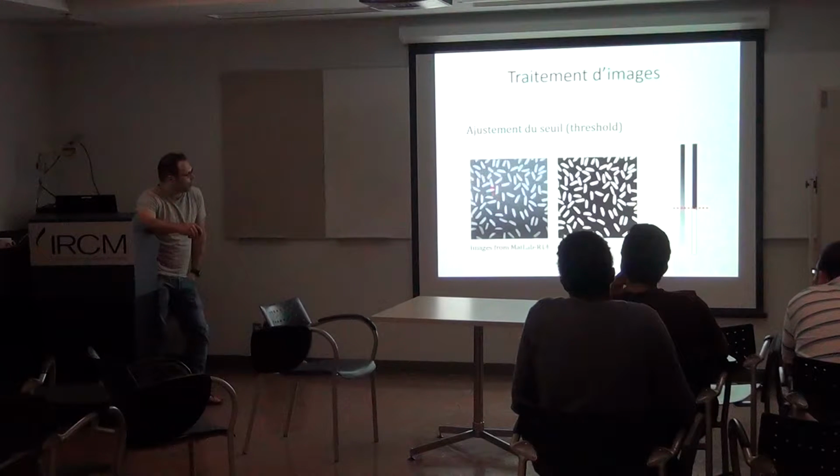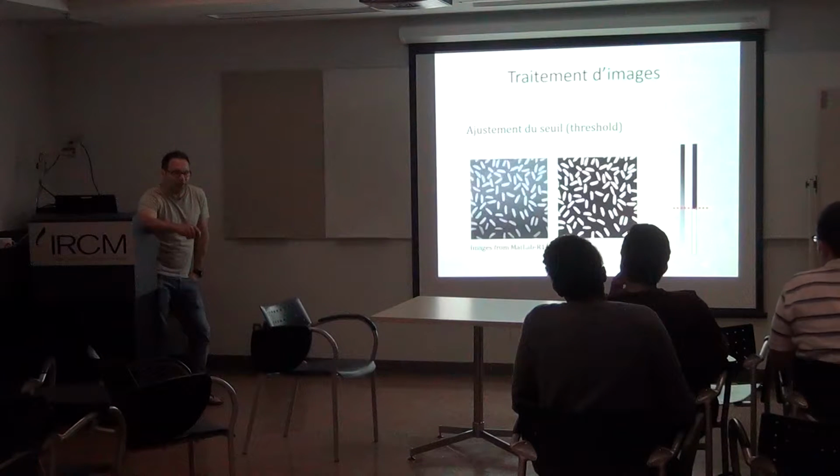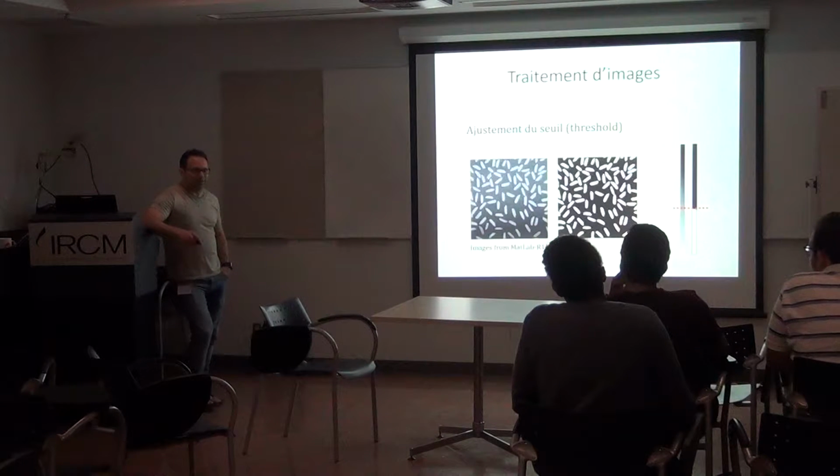So here you set your threshold at that value, and then you get either black or white, and every white pixel that touches each other will be an object.